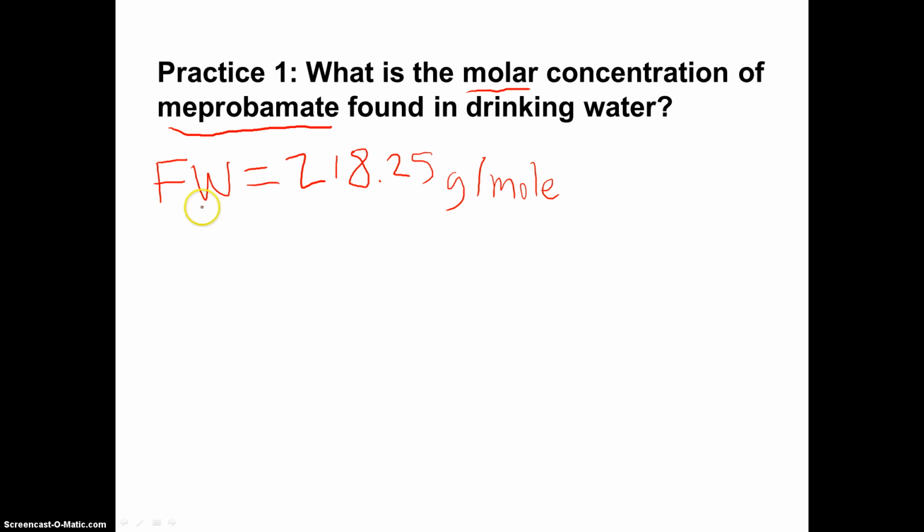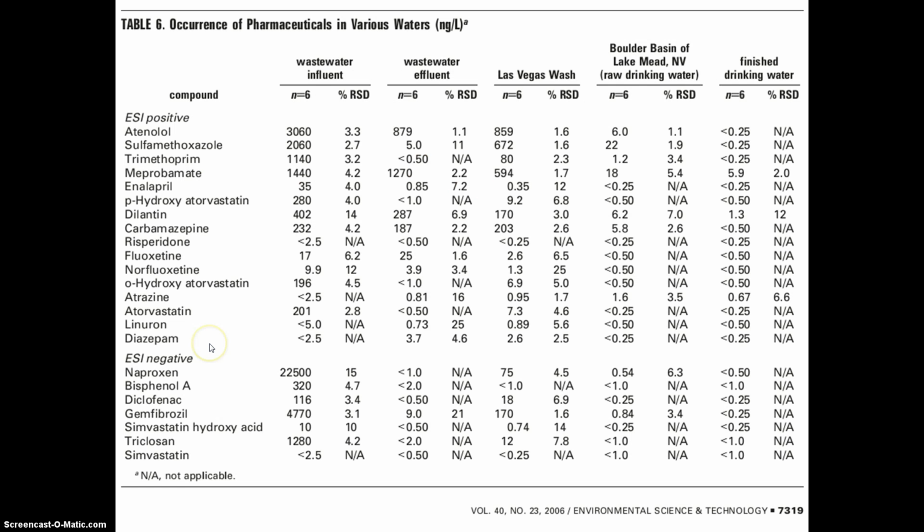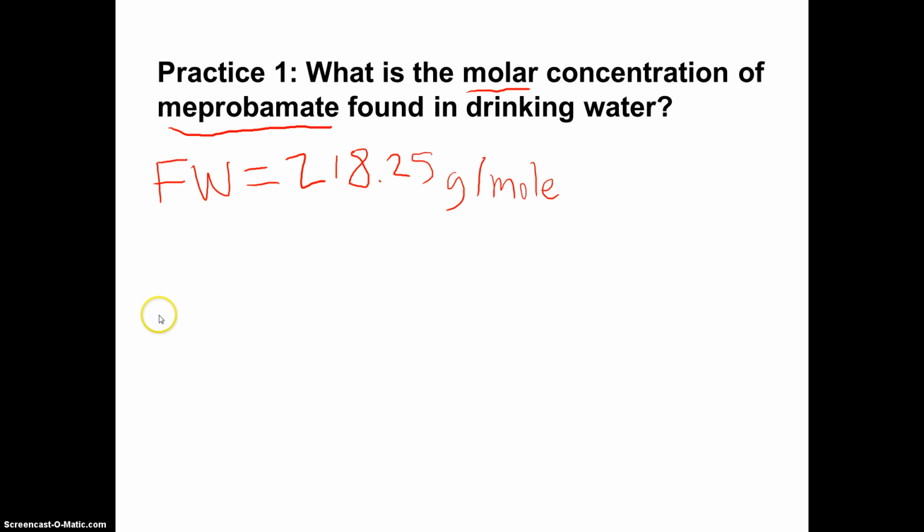We're starting out here with 5.9 nanograms per liter, and we want to convert this eventually into moles per liter.